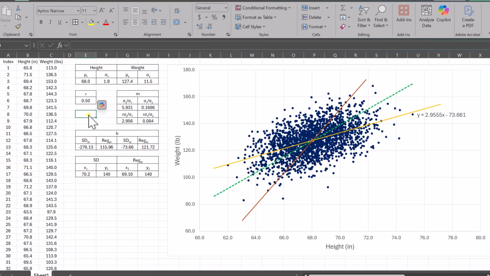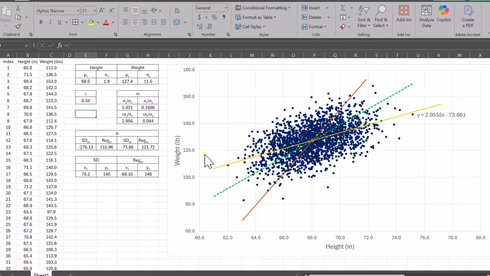When it comes to the SD line, we're saying that you start at the point of averages. If you go 1.5 standard deviations in the x, then to get to the SD line, you need to go 1.5 standard deviations in the y. That's the whole point of the SD line. You're the same number of standard deviations in both the x and the y away from the average.